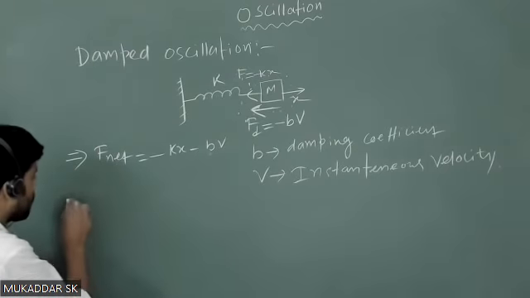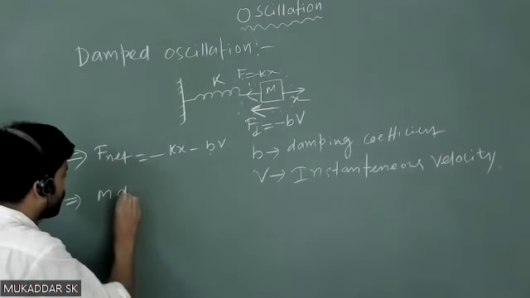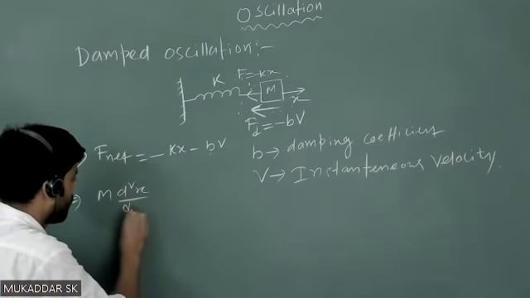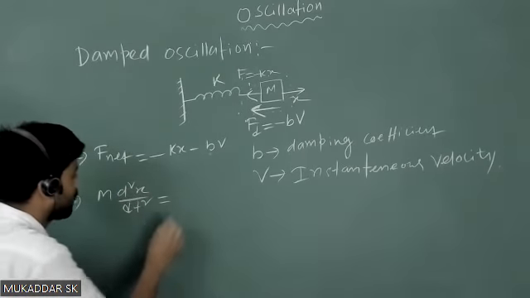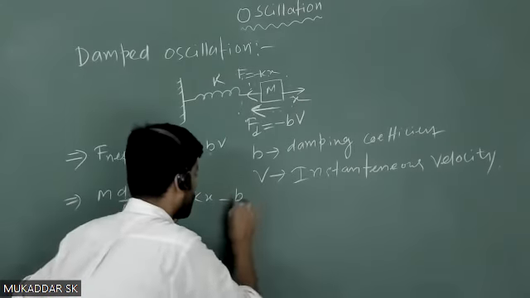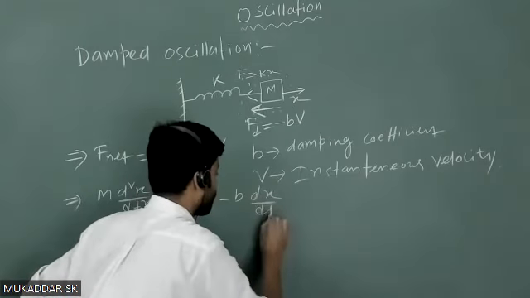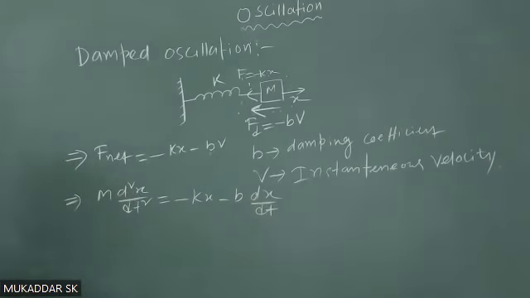Now in place of net force, I can write m d square x by d t square, and that should be equal to minus kx minus b, then you will have v. V is nothing but dx by dt. Okay.